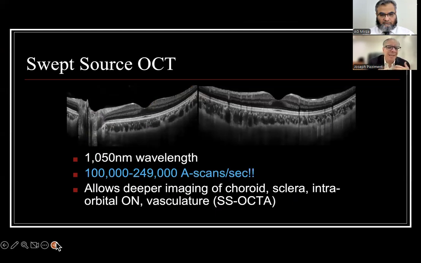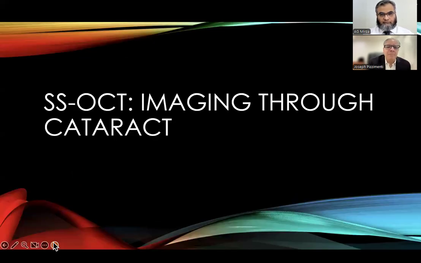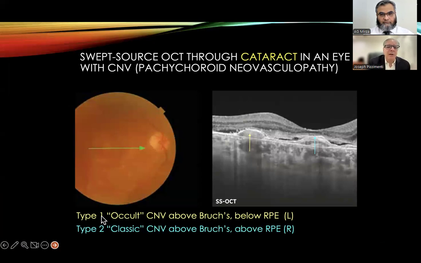Swept source OCT, I'll just briefly mention it. Again, much faster scanning speeds. Its main use is imaging through cataract. Here we could see a cloudy fundus image because we're going through cloudy media.